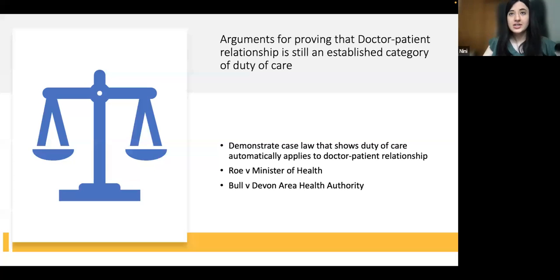Both cases are early stage cases where the court argued that duty of care existed. There was very little discussion about it because it was obvious. And both cases concentrated on whether or not the breach took place, considering the standard of care and if the medical professional in those cases fell below the standard expected.